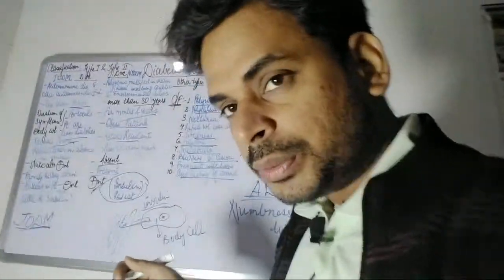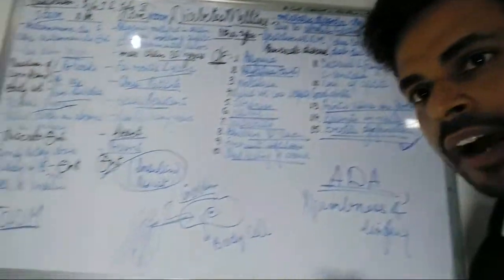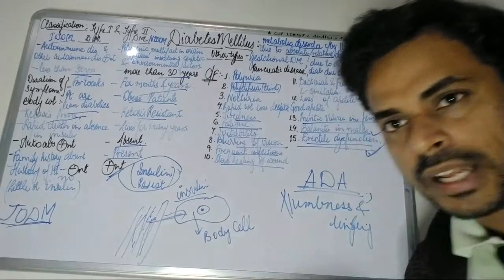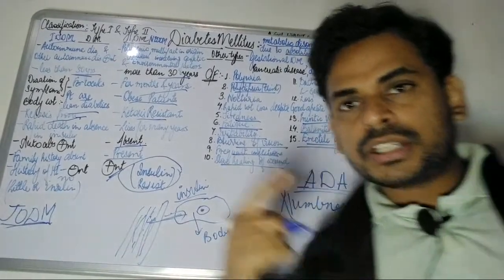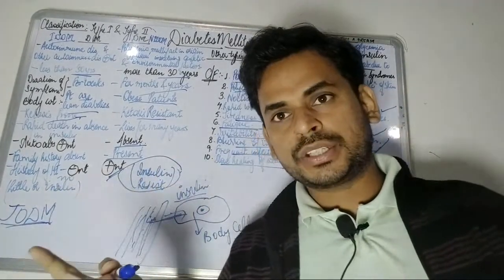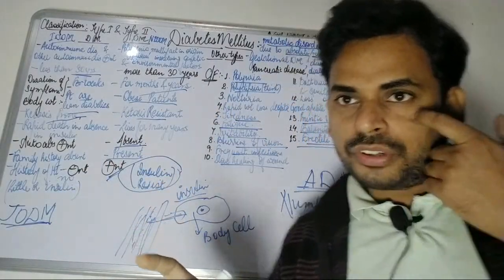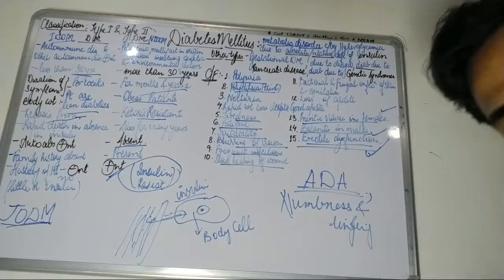For the students who want to have a clear view of the whiteboard notes I have written, I'll upload a picture in the upload section after the playlist. You can go and have a look at this picture. I'm just focusing on this whiteboard, so you can see what all I have written.